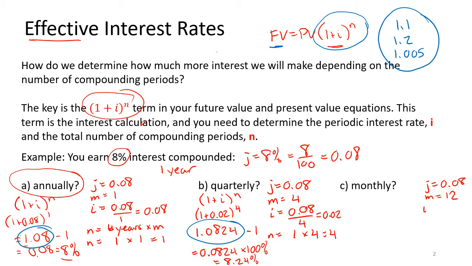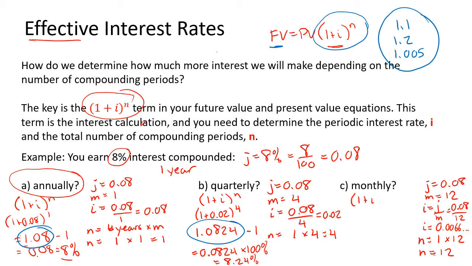So if you do your periodic interest rate, j over m, that's 0.08 divided by 12, which gives you a repeating decimal of 0.0066, and it repeats. Your total number of compounding periods, n, in this case, is 1 year multiplied by 12 compounding periods per year. So n is 12.